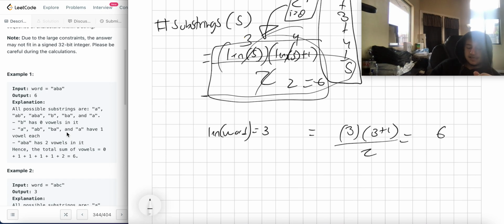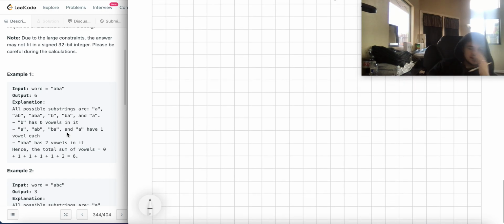So the easiest solution for this problem, sorry about going off on a tangent about finding lengths of substrings, is to do an n-squared algorithm where we do a prefix sum and count the number of vowels we've seen so far. Then we look at each ij index in the string, so n squared, and find out how many vowels are in each substring, and then sum that up.